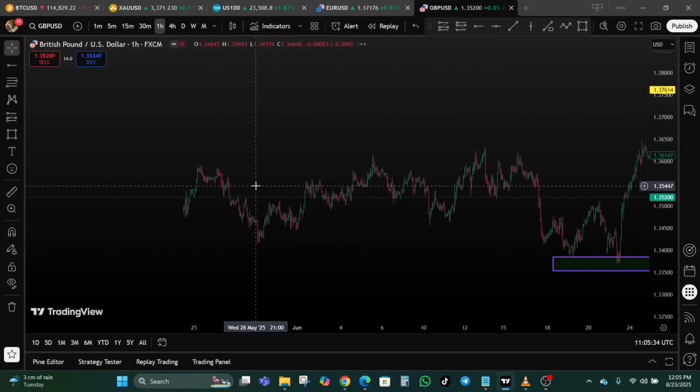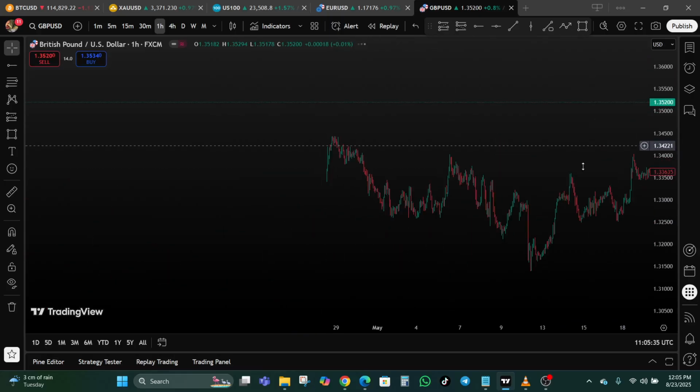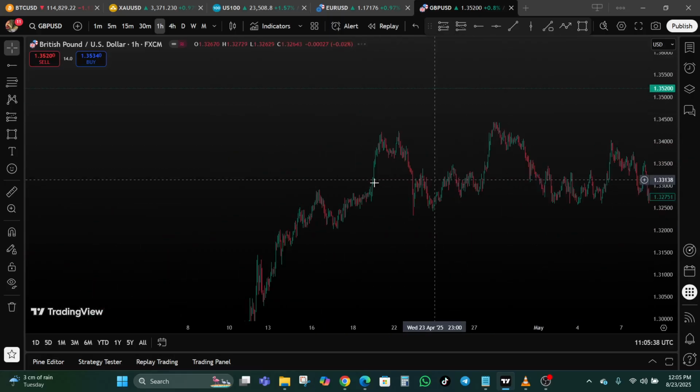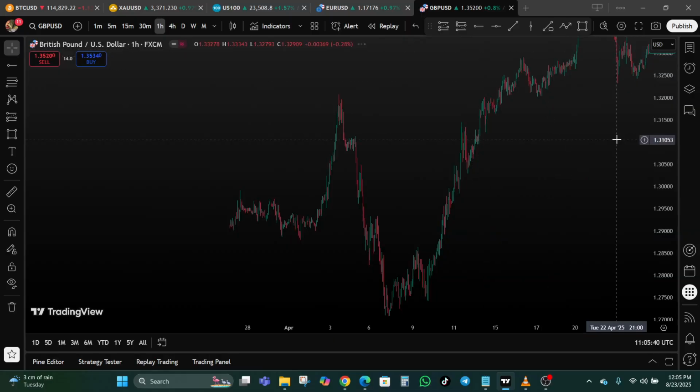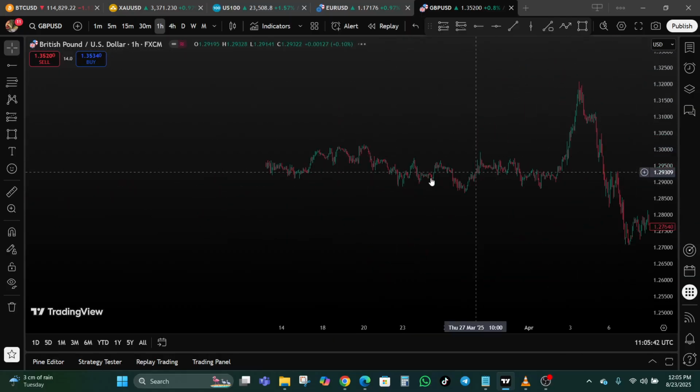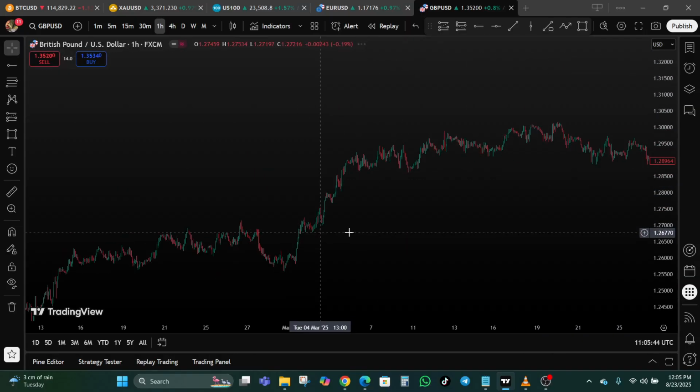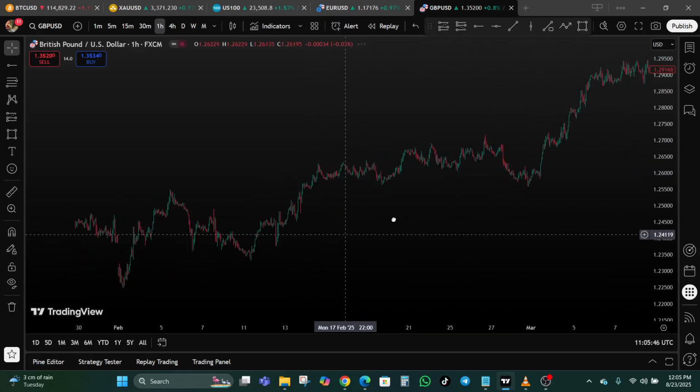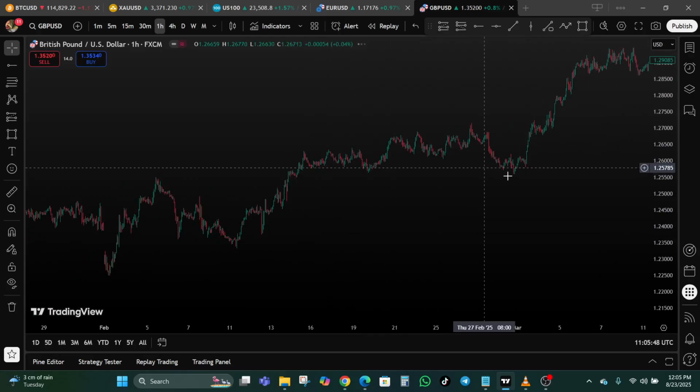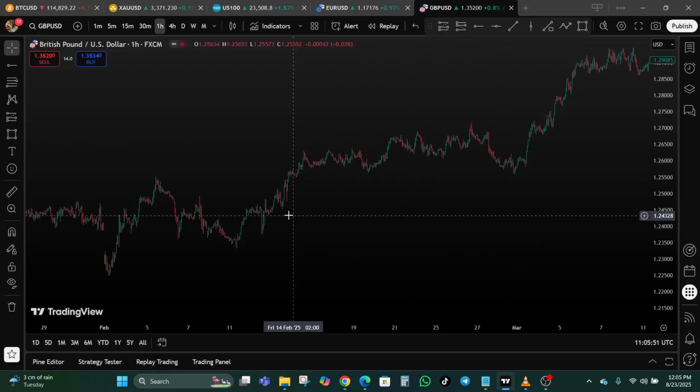Now let's see if we can find another example of a liquidity purge. Let's make it at least 2 examples. So we want to look for preferably a sell side example, right?